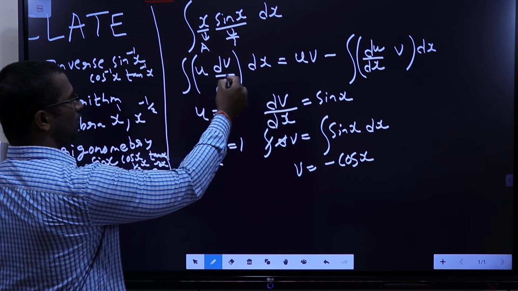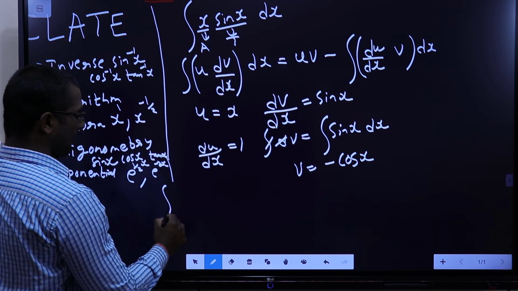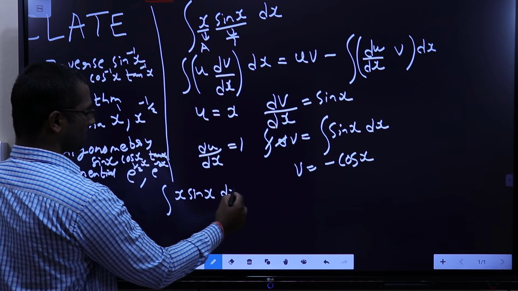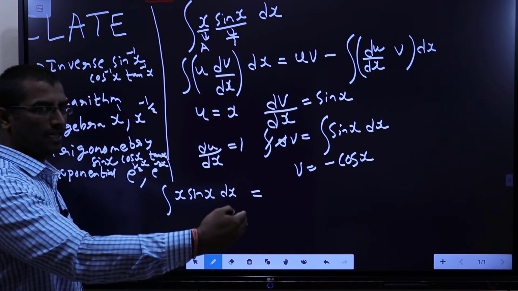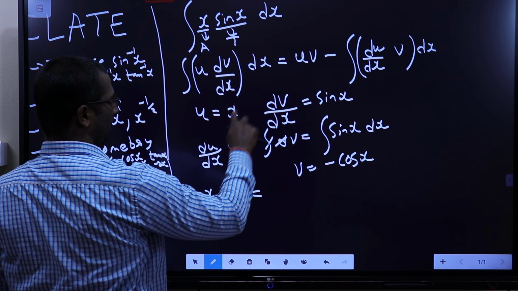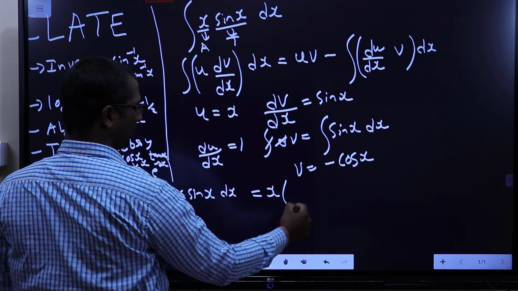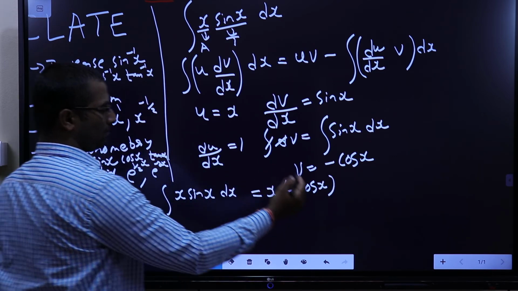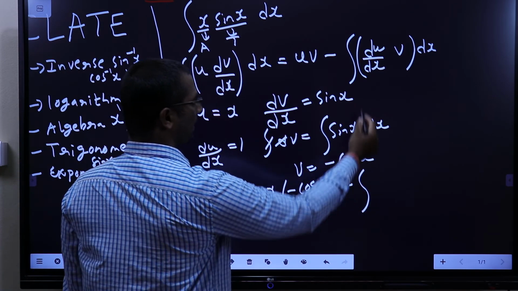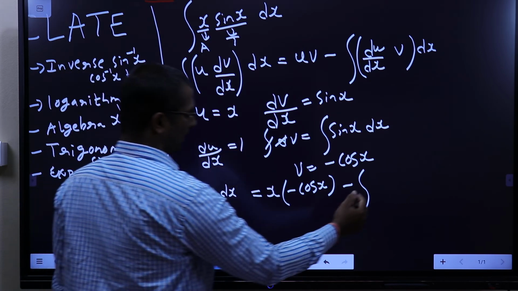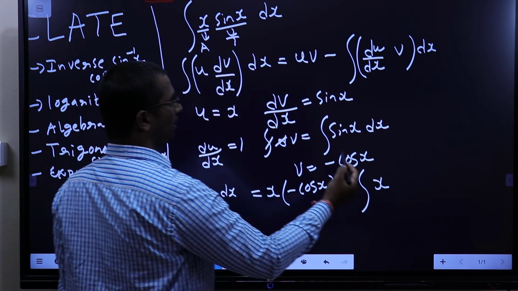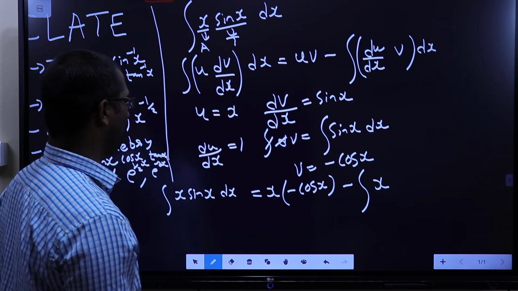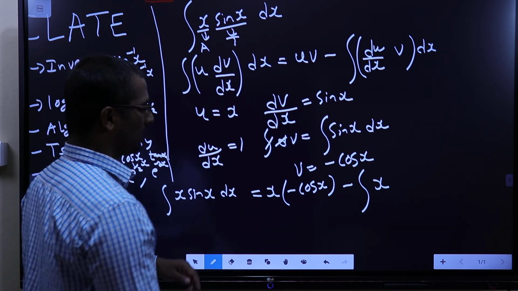So now see, here u dv by dx is nothing but integration of x into sin x dx. That becomes u into v. U is x. V is minus cos x, minus integration of du by dx and v. Okay, one minute. This is not u.